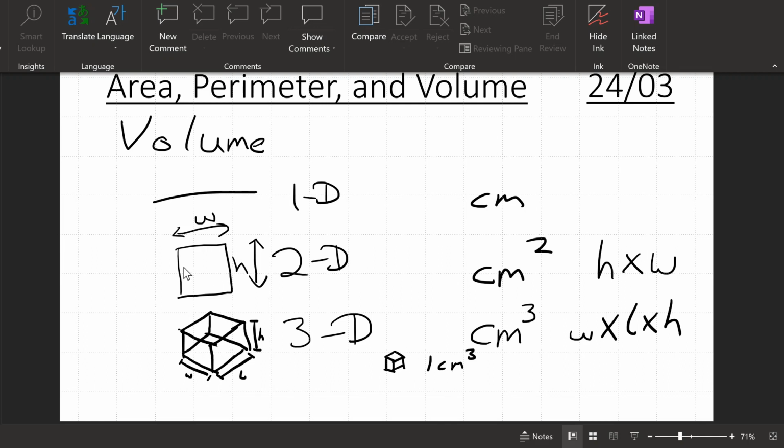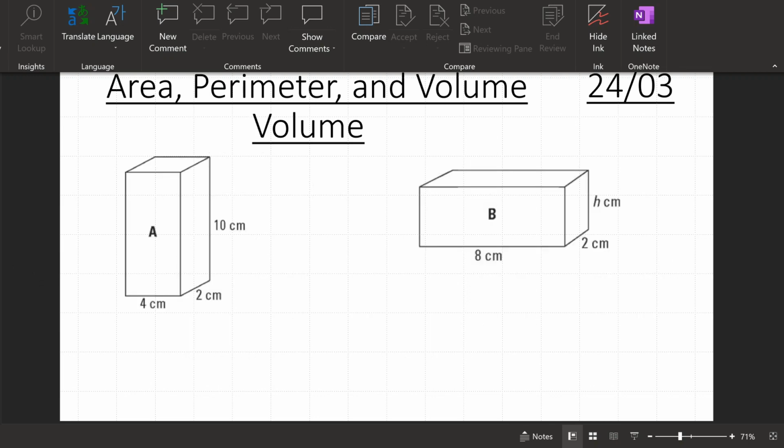In the same way that if this were 2 centimeters high and 2 centimeters wide, we realize that's 4 centimeter square blocks we could fit in. So let's have a quick try at a few questions like this, and we'll look into how we can solve these.